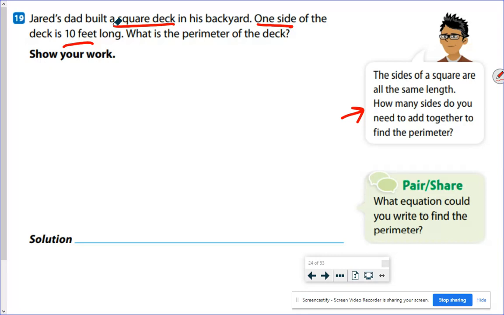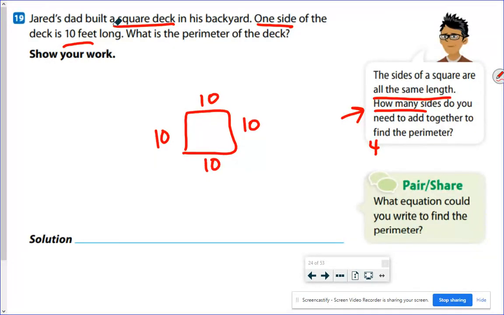So remember, the sides of a square are all the same length. And how many sides do you need to add together to find the perimeter of a square? 4. So I like just drawing a picture that goes with my word problem. Repeatedly add 10 4 times, and then the perimeter of the deck that he built is 40 feet.